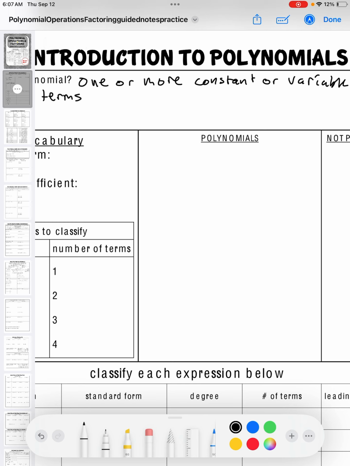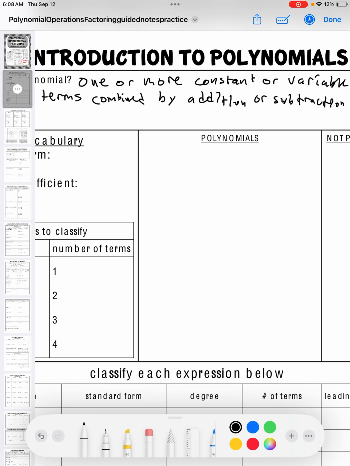These terms can be combined by addition or subtraction.